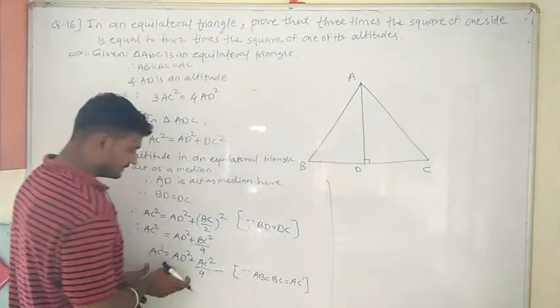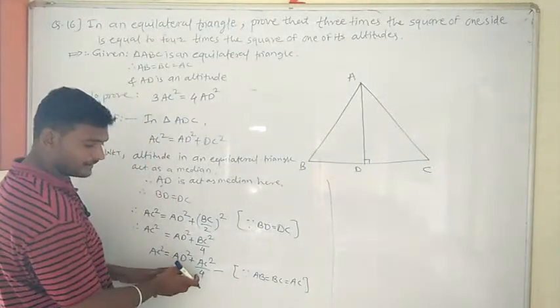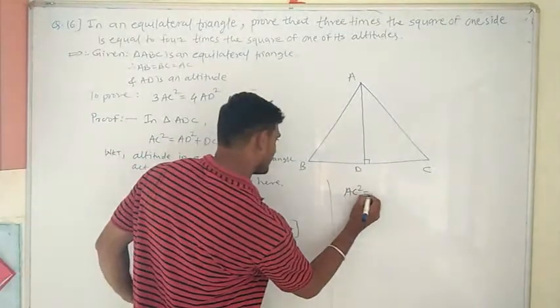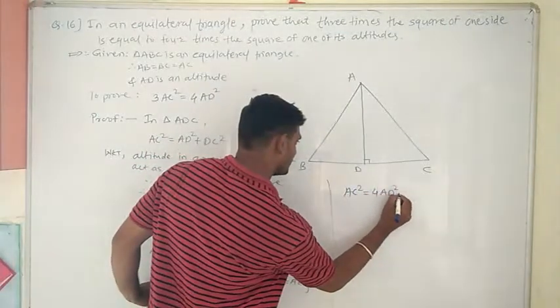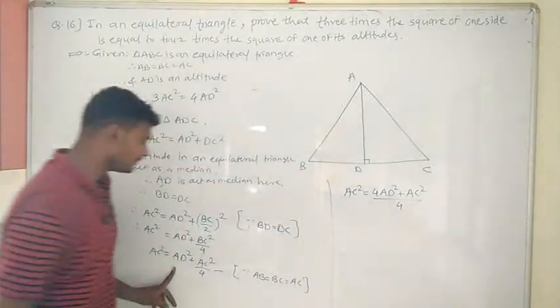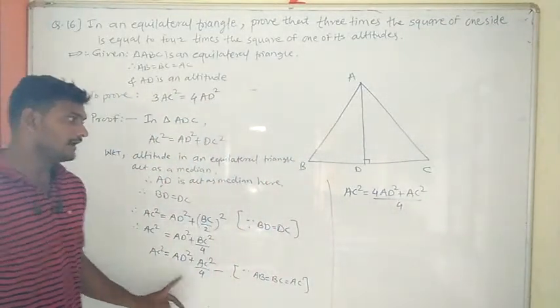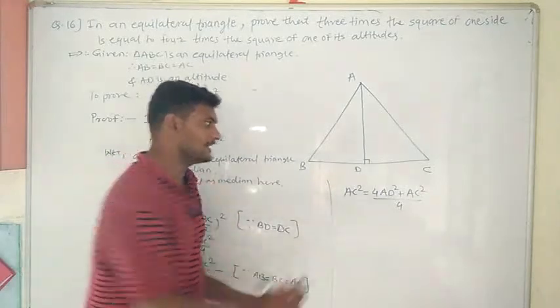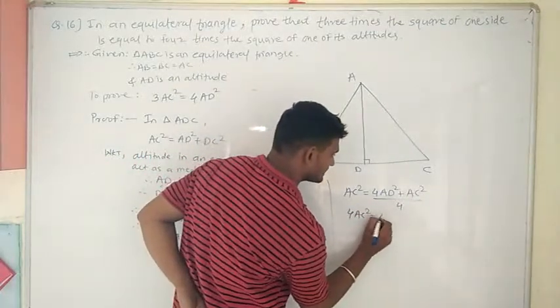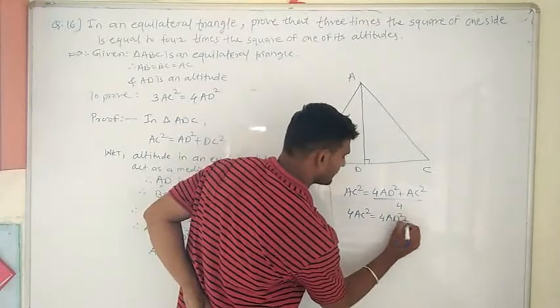Now, do cross multiplication here. We will get AC square is equal to 4 times AD square plus AC square, divided by 4. Now, send this 4 towards the right hand side. It will become 4 times AC square is equal to 4 times AD square plus AC square.